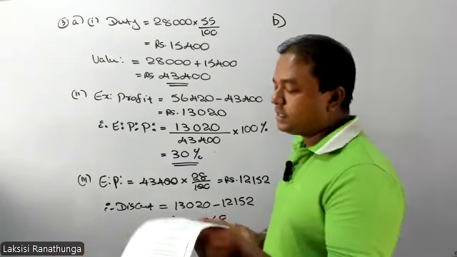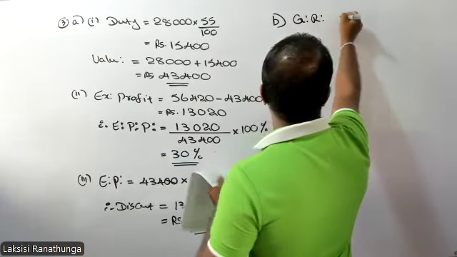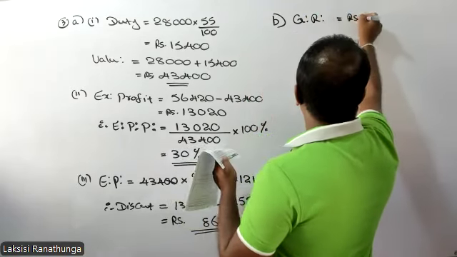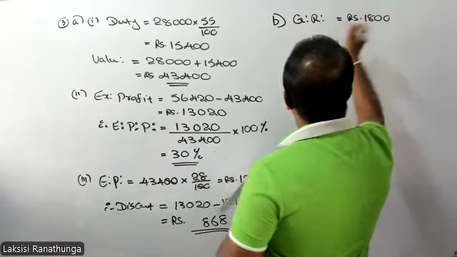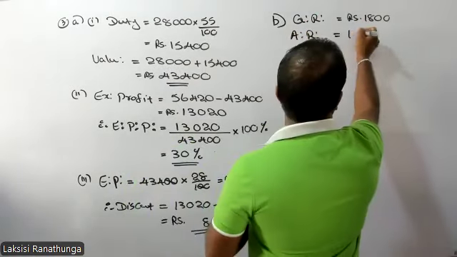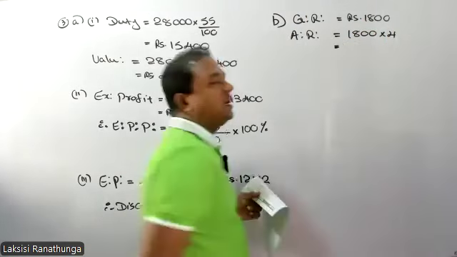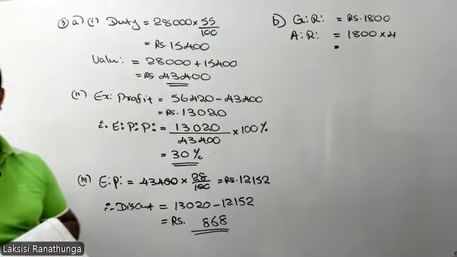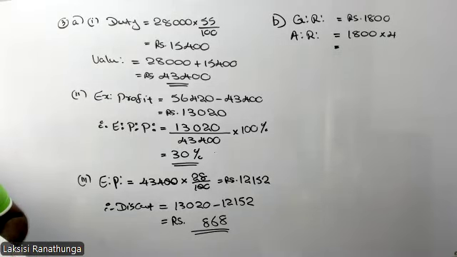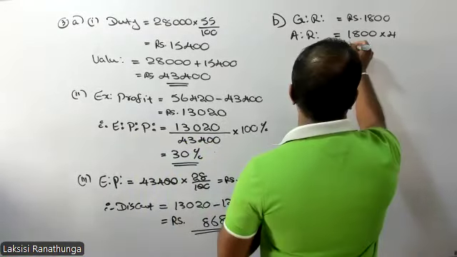Now we know the quarterly rates is 1,800 rupees. Then you find the annual rates. Annual rates is 1,800 multiplied by 4, because there are 4 quarters per year. So annual rates is 7,200 rupees.